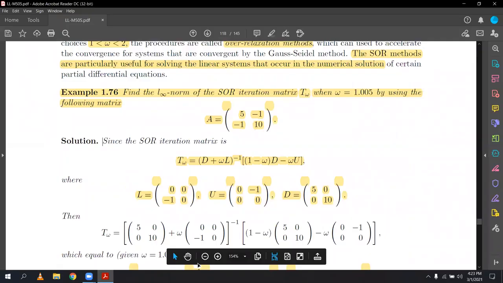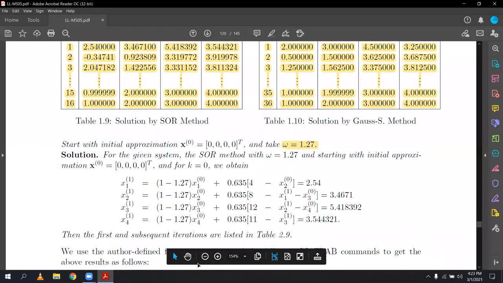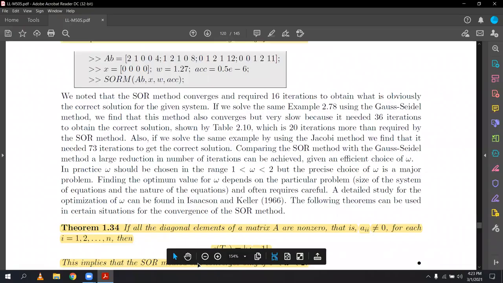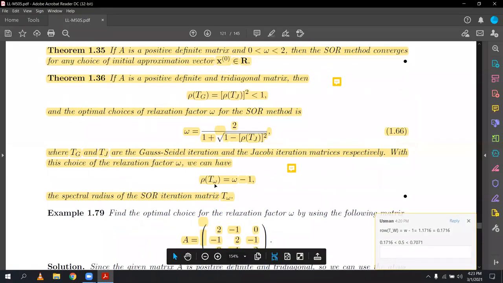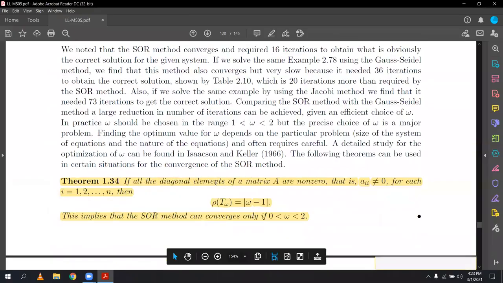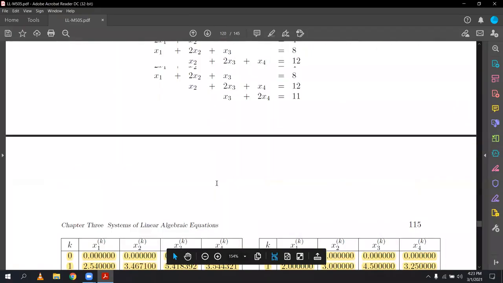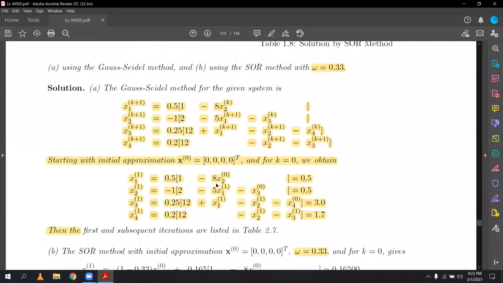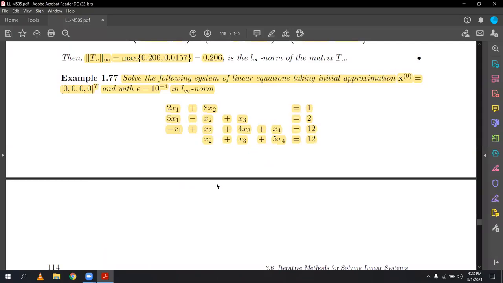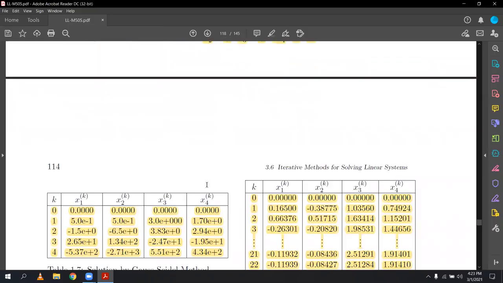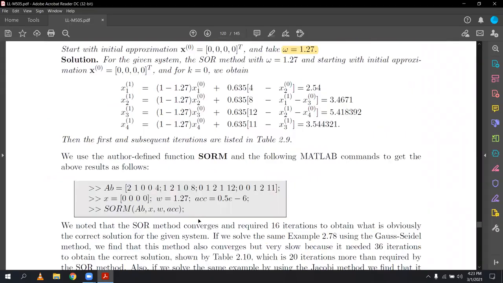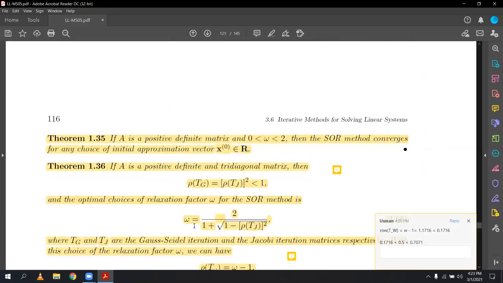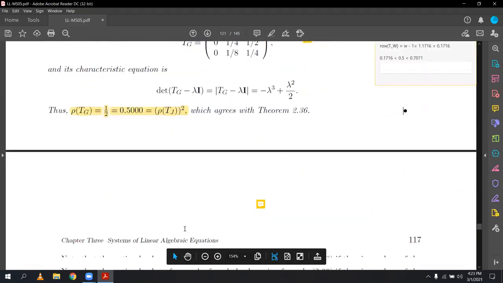But sometimes in the exam, like this example I gave before, where I give a 2 by 2 matrix. Definitely, if I give only the SOR method in the exam, I will give you a 2 by 2 system only. Where is that example I gave here?